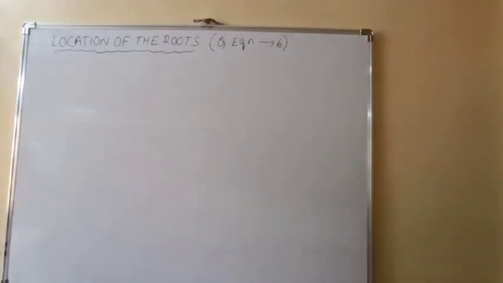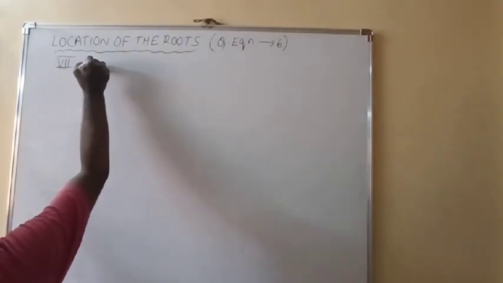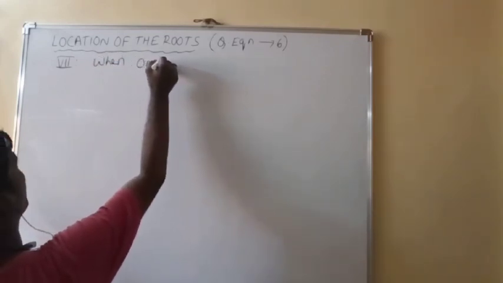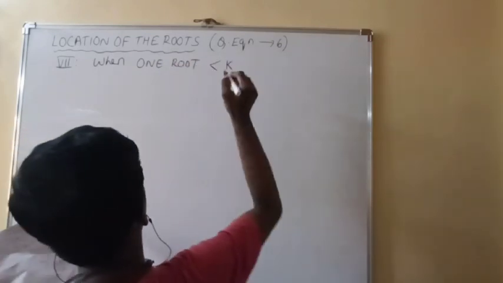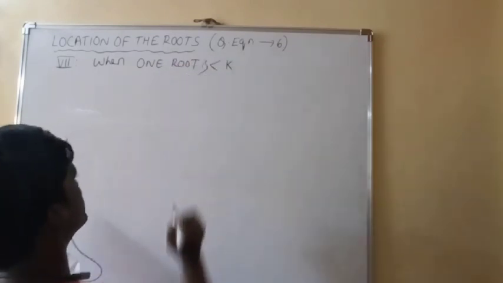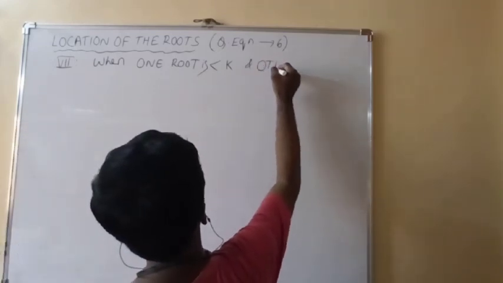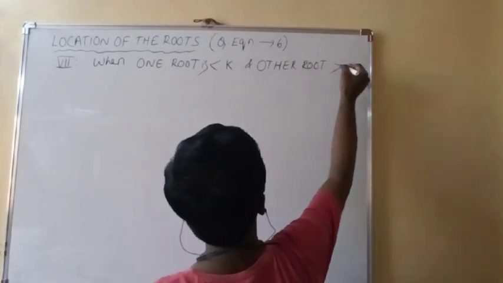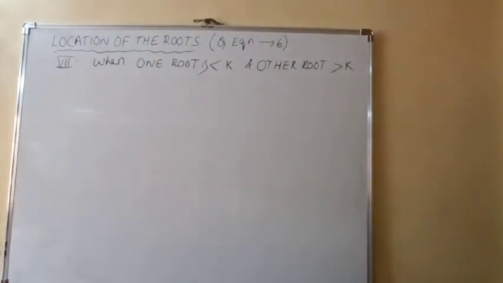Seventh case. Seventh case is when one root is less than k, and the other root is greater than k.